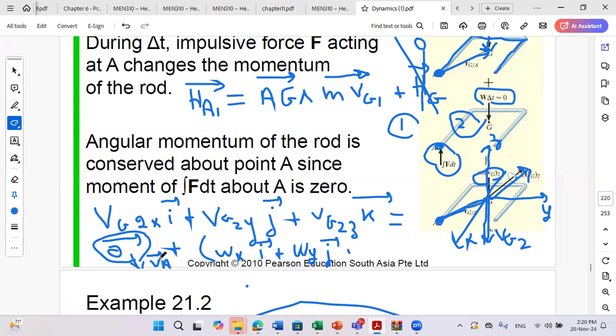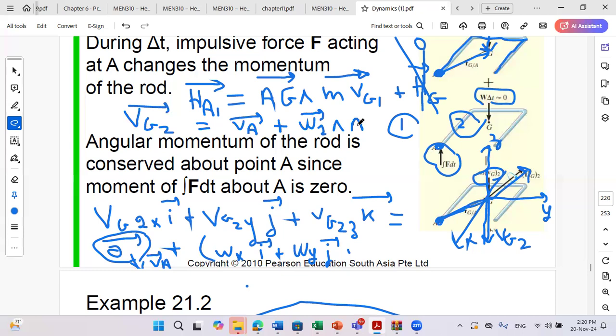No, you are not setting the two equations equal to each other. Yes. Okay. I am writing that I am making the relation that VG at state 2 is equal to VA, which is the center of rotation, plus omega at state 2 vectorial AG.